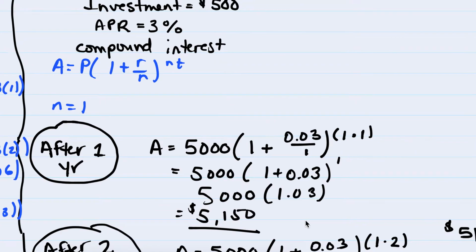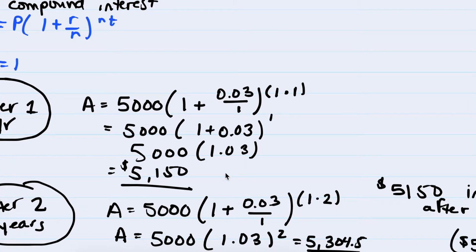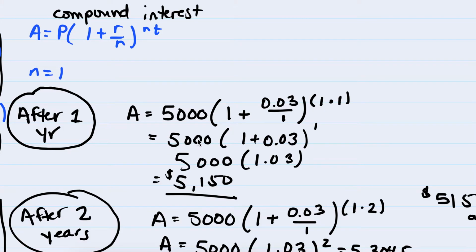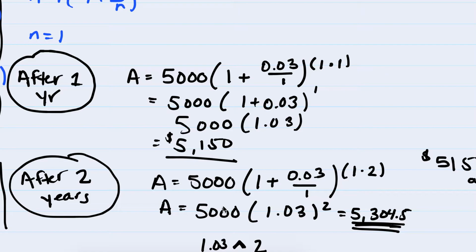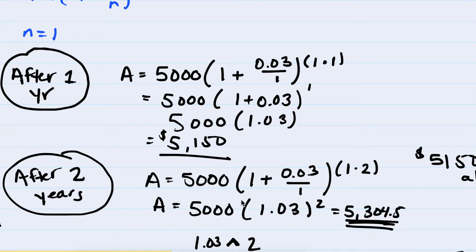With compound interest, you gain money on the original investment plus anything extra that's in the account in that year. So the first time we only had $5,000 in the account, so we got $150 as interest. After the second year, we had not only $5,000 in the account, we had $5,150. So we're getting interest on that total. So it's going to be a little bit extra because of the extra $150.